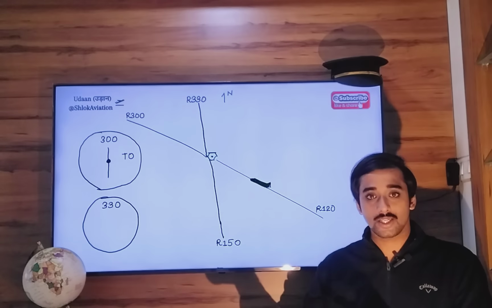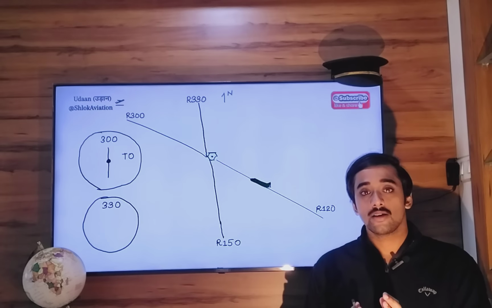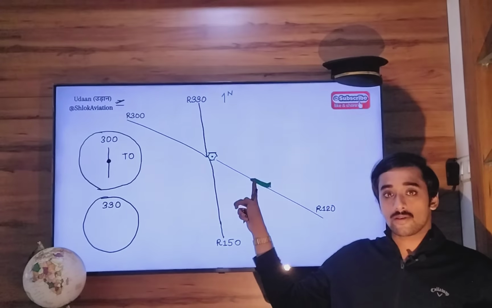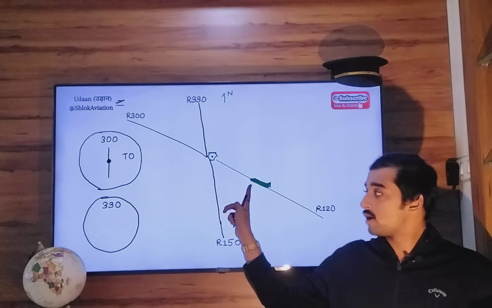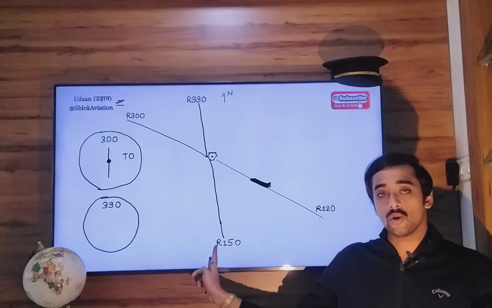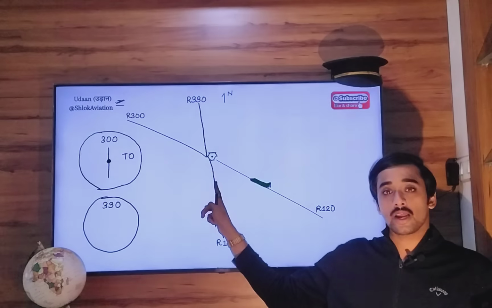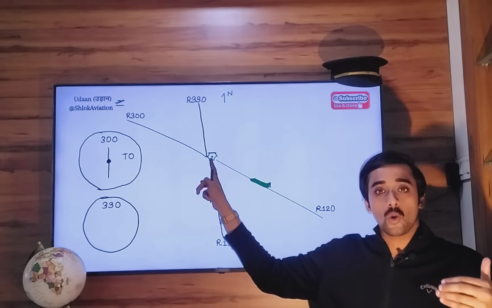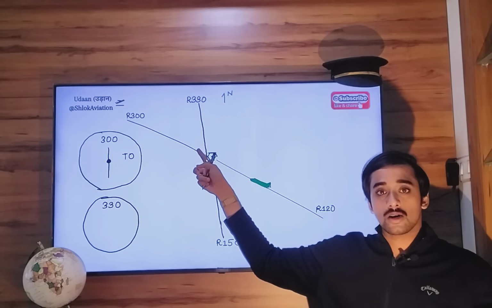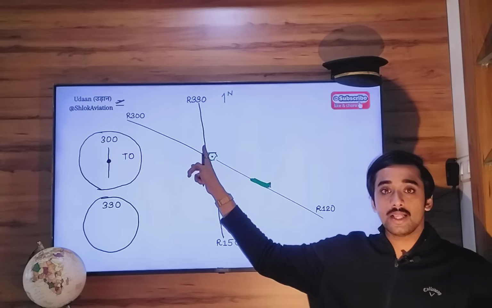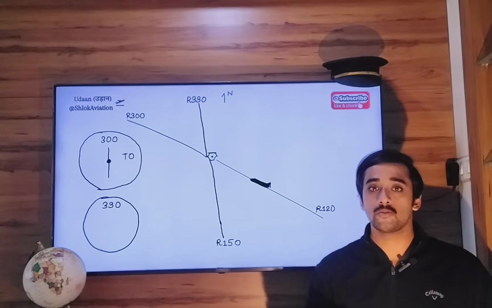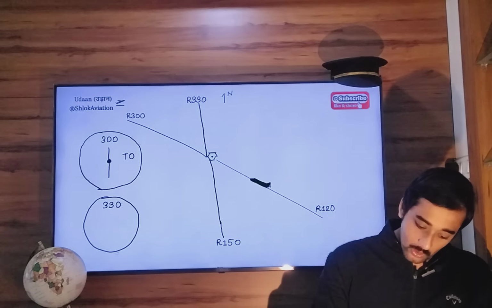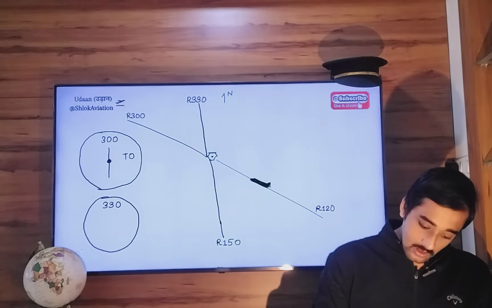To effect that, you will have to turn your aircraft away from radial 120 and bring it onto radial 150. After coming onto radial 150, you fly it towards the VOR station, overfly the station, and then automatically transition onto radial 330 and fly it outbound from the VOR station.